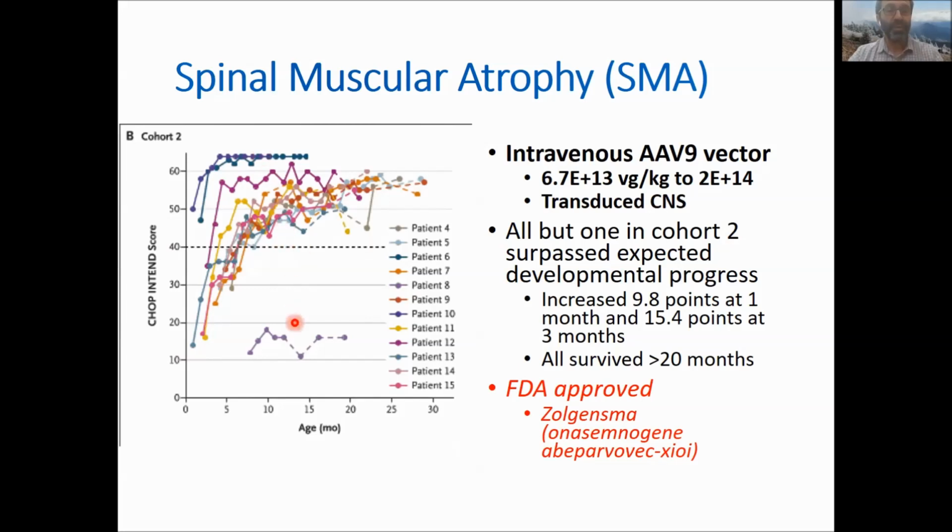And again, all but one subject had a significant improvement not expected for SMA. This participant down here, let's see, I think it's patient 8, was treated somewhat later and didn't respond. But so this increase in the INTEND score led to FDA approval for Zolgensma.